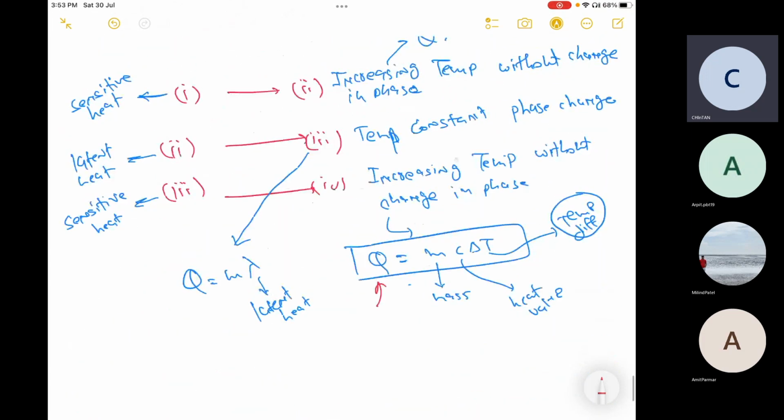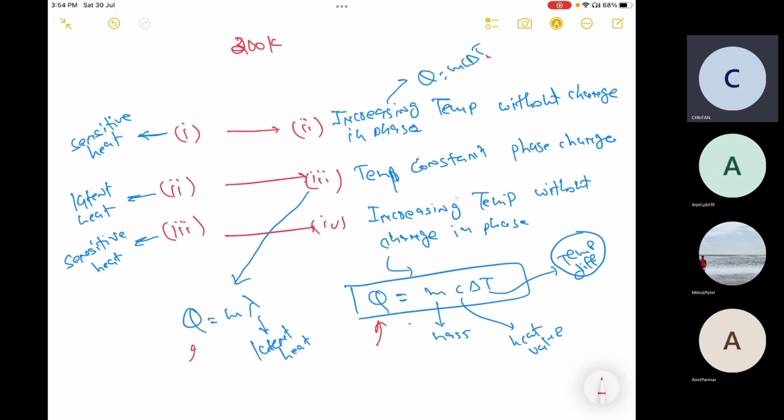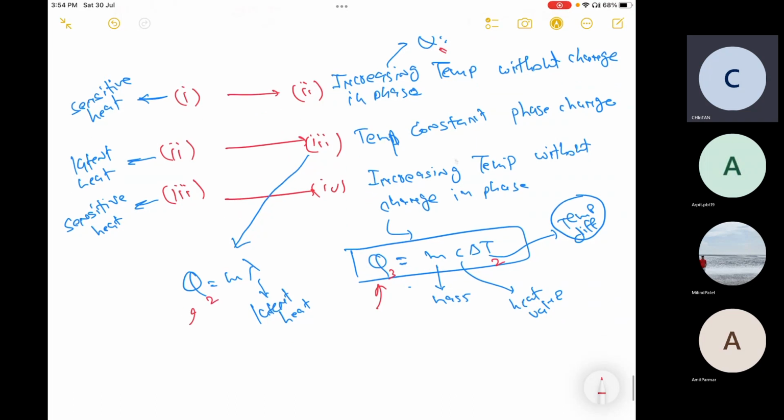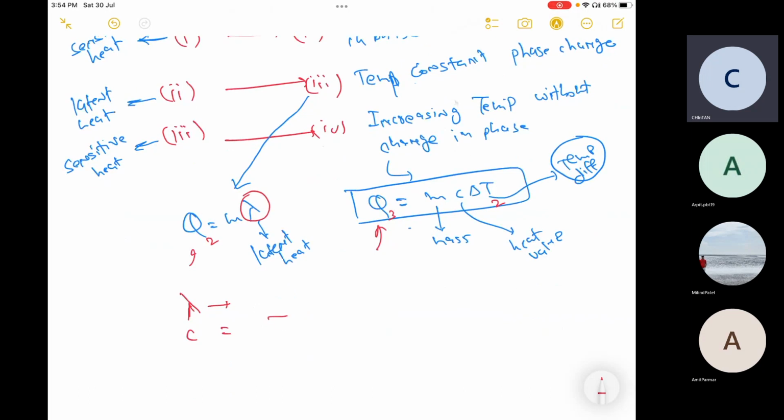You can calculate this Q value, keeping this as delta T1, that as delta T2, this is Q3, this is Q1, and this is Q2. So you can write the unit for lambda and for C. If Q is in joule, then C should be joule per kg Kelvin, and lambda must be joule per kg.